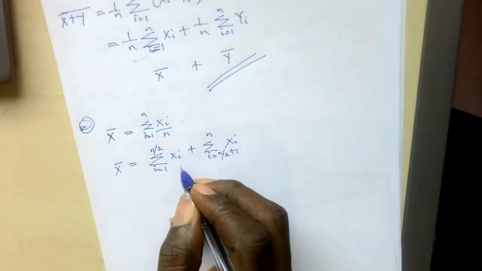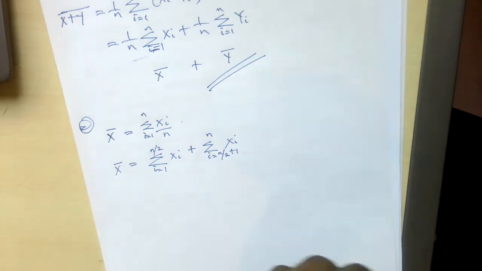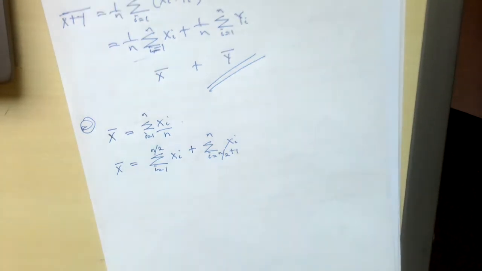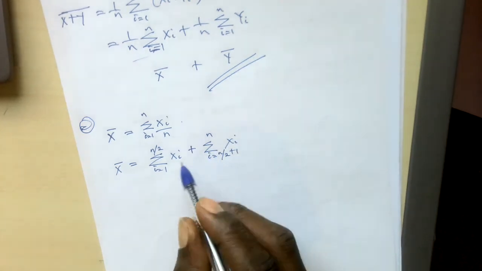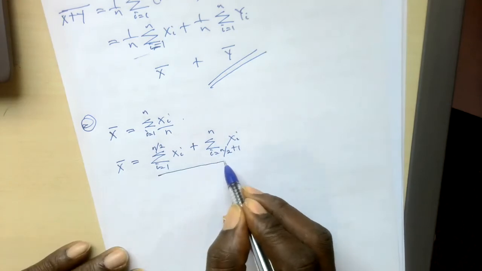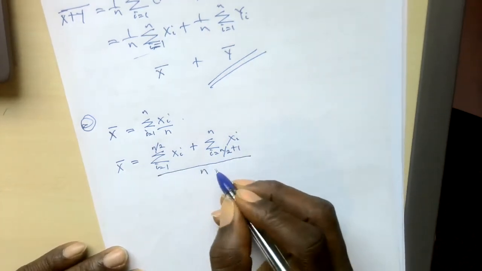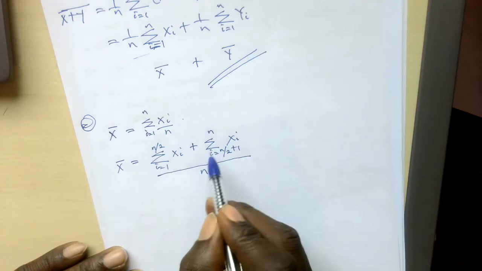So here, if you look at this, all over n, because now it involves both of them, you understand?